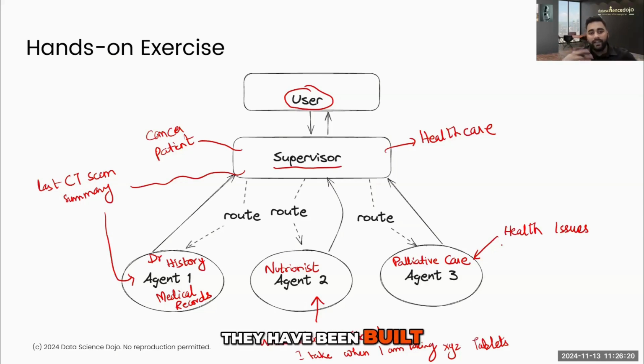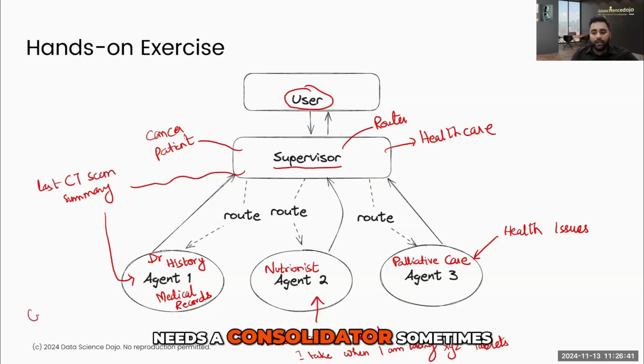They have been built meticulously based on the agentic information we have built. And having said that, you build a supervisor or a router agent that is going to route these queries, or think of an idea that it needs a consolidator sometimes.